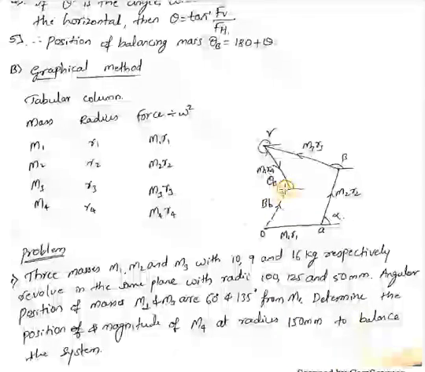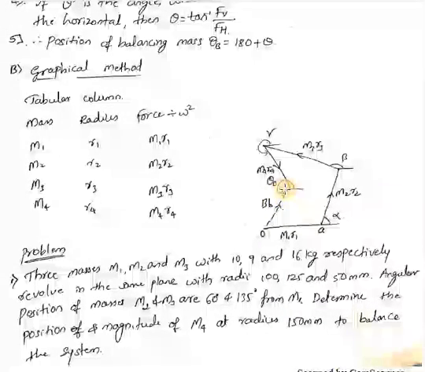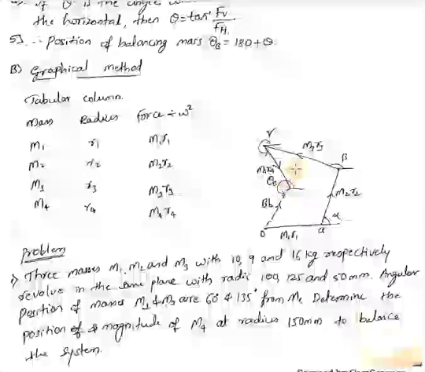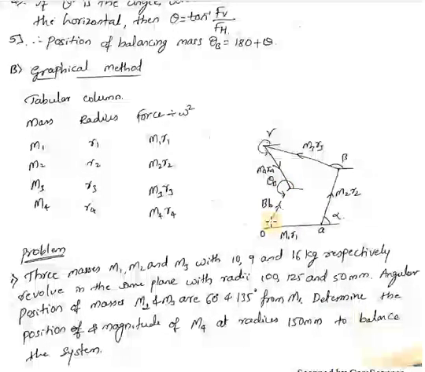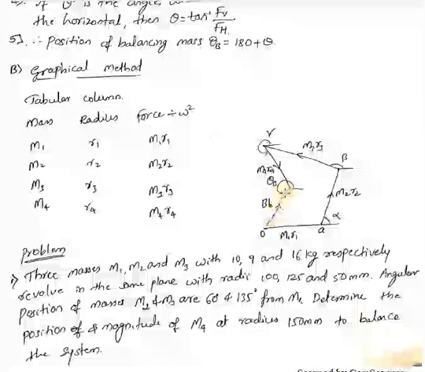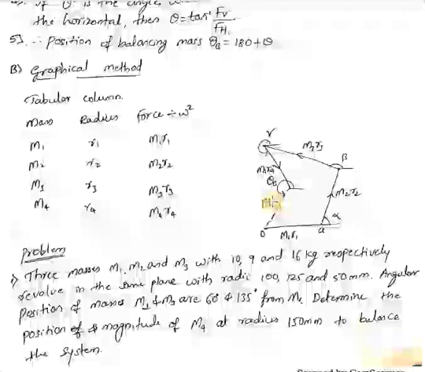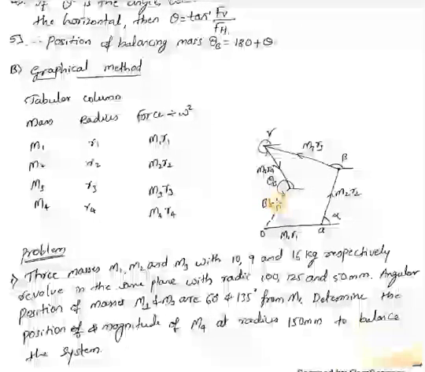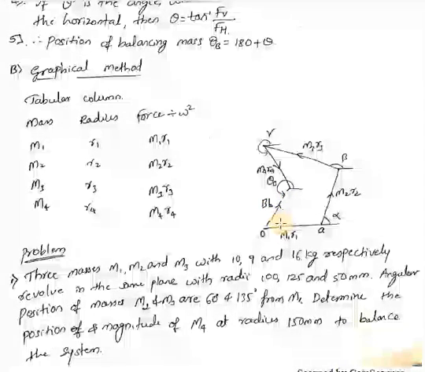So now, after joining this O to B, from this scale, you have to take the length of this one, which should be equal to b into rb. So to get this value, while drawing this force polygon, you have to take the proper scaling.